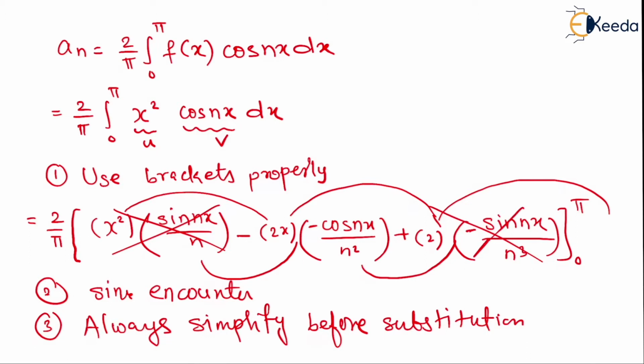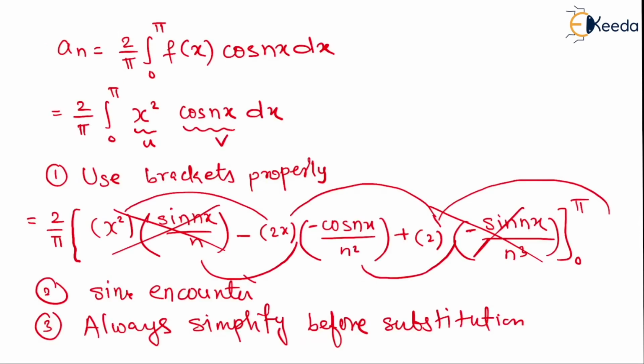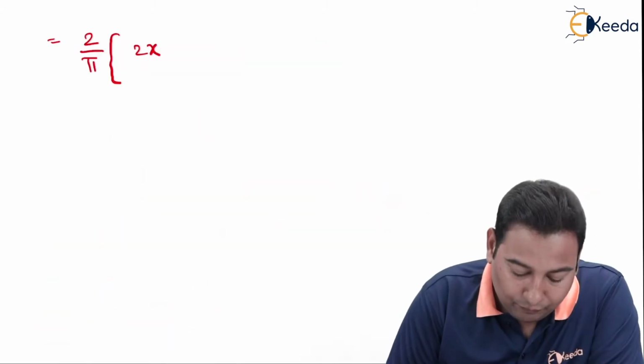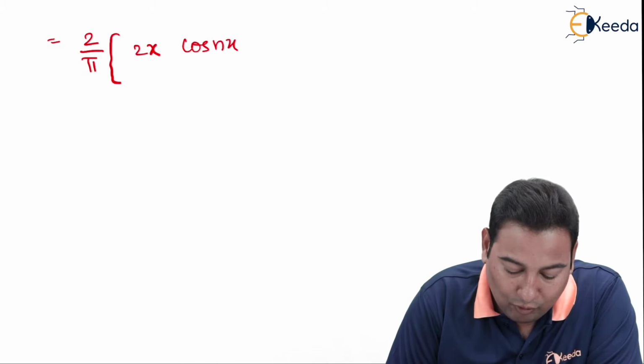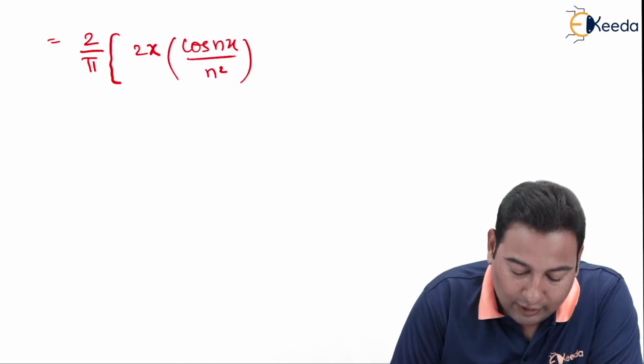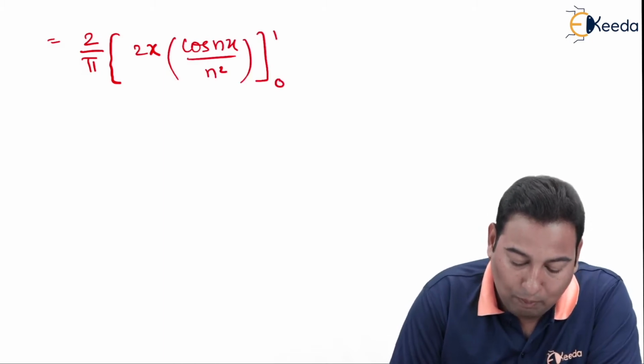We'll be left with only one term, that is the middle term, which is equal to 2 upon pi. If you observe this middle term, this minus and this minus will become plus 2x cos nx upon n square. We are left with this and the limits are from 0 to pi.